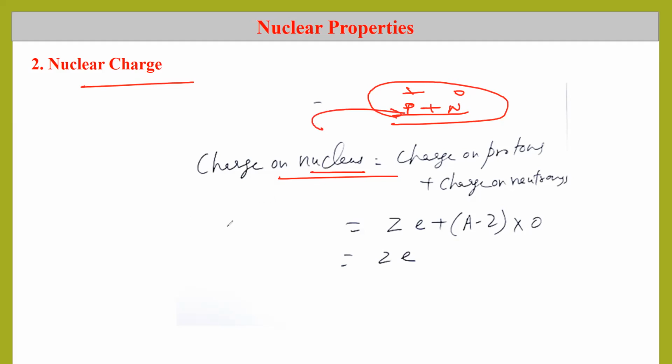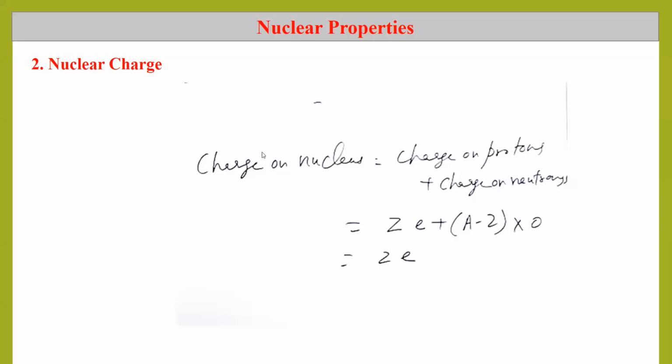Proton is positive, that's why the nucleus will have positive charge. So the nucleus has always positive charge. Nucleus is positively charged. So this is the nuclear charge. Sometimes it is asked in examinations to make some confusion, so don't be confused. The nucleus is always positively charged.